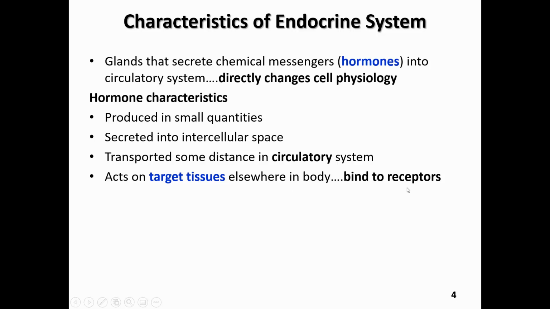The receptors refer to proteins, specialized proteins embedded in the membranes of the cells that make up those target tissues.